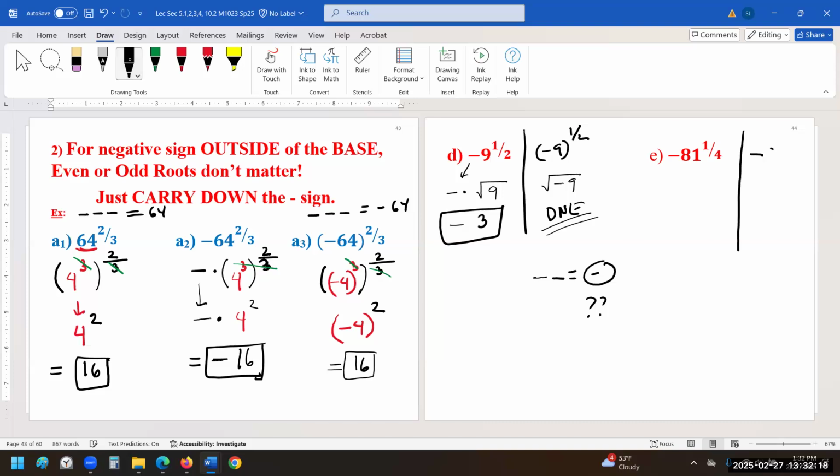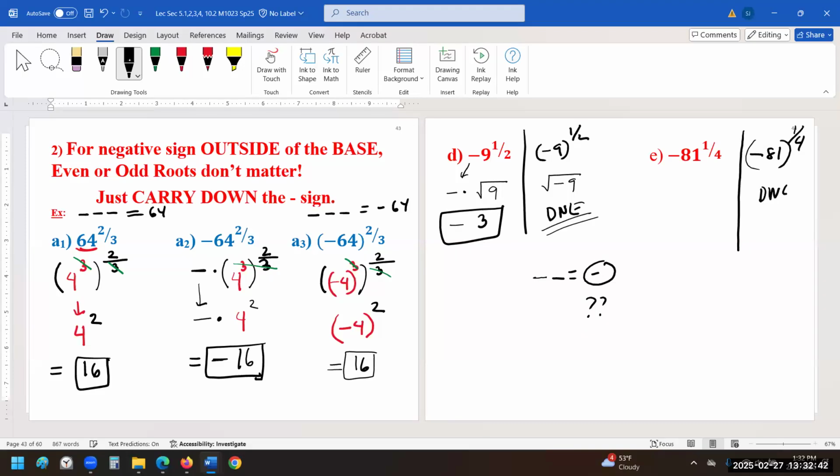Okay, now how about this one and this one? Which one exists? Which one doesn't exist? Or both don't exist? Or both exist? What do you think? Catherine? Why not? Exactly.